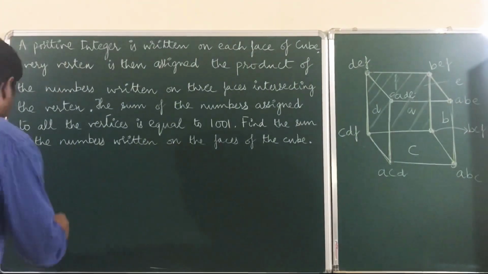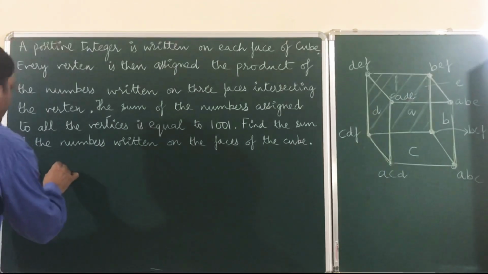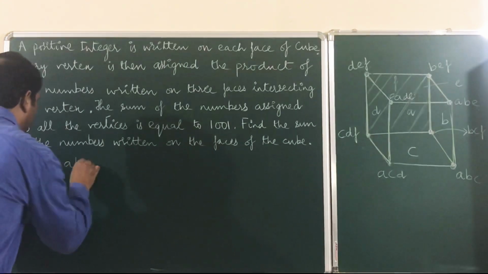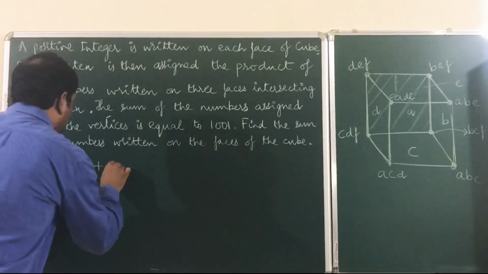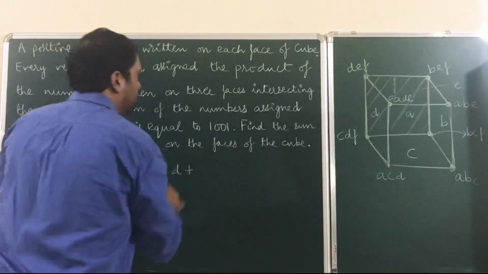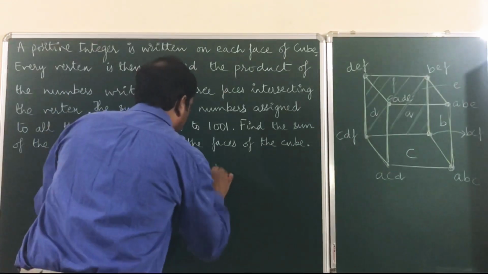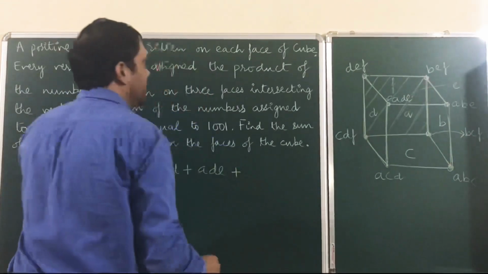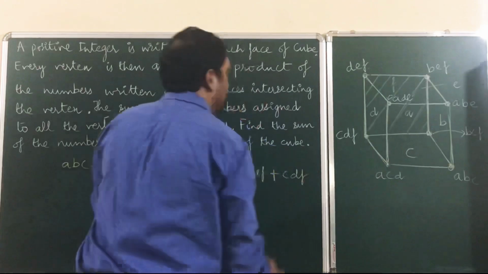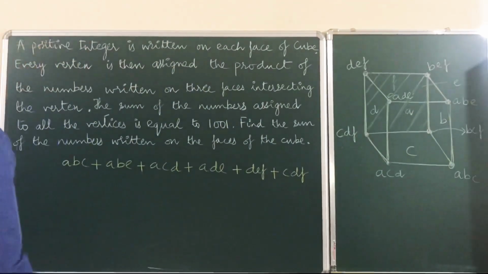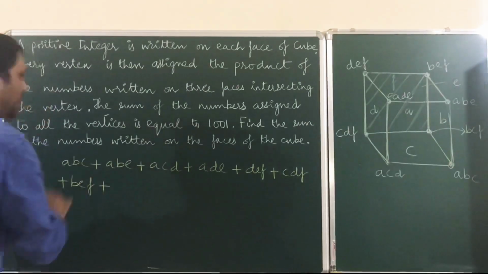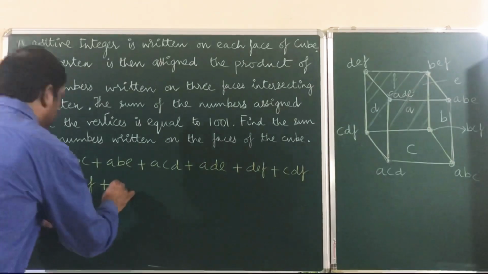So these numbers, we'll write here: ABC plus ABE plus ACD plus ADE plus DEF plus CDF plus BEF plus BCF.